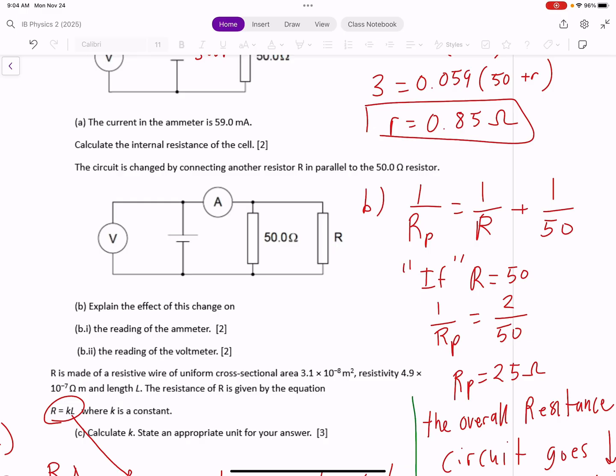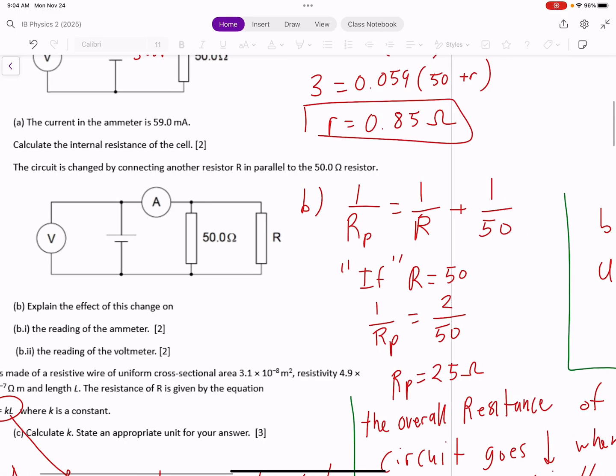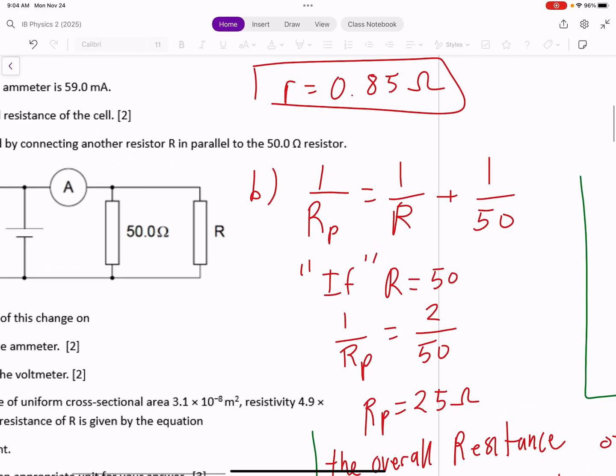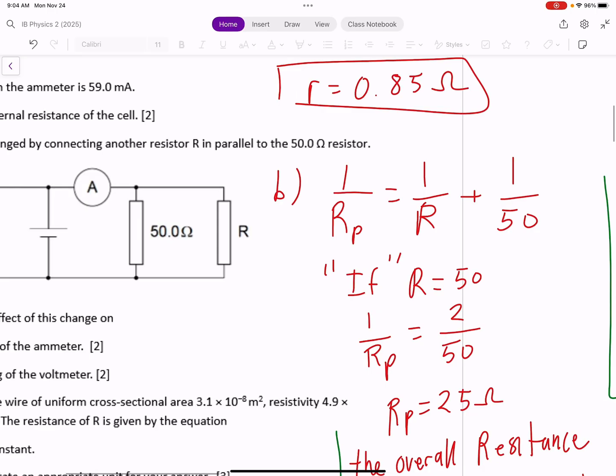One thing that's important to understand is if you add a resistor in parallel, you're going to use this equation, 1 over R_P. R_P stands for R parallel, but sometimes we just say the total resistance, because there are only 2 resistors in the circuit, so the total resistance is R total.